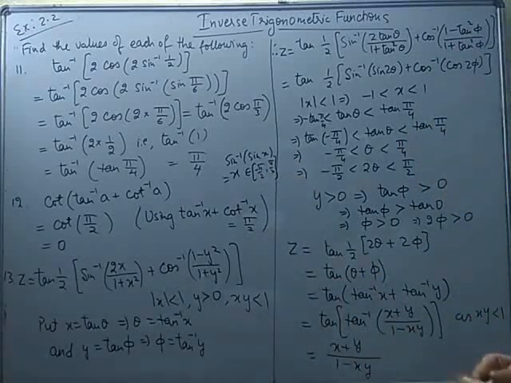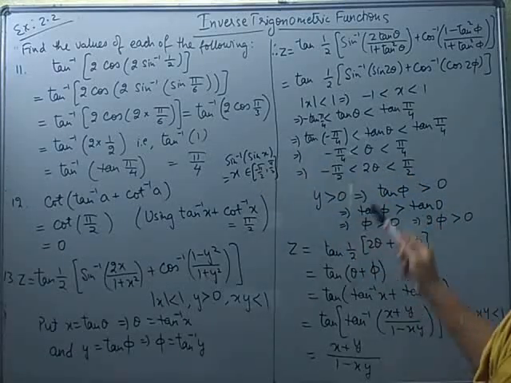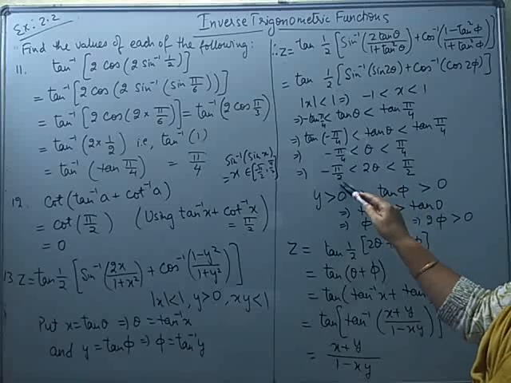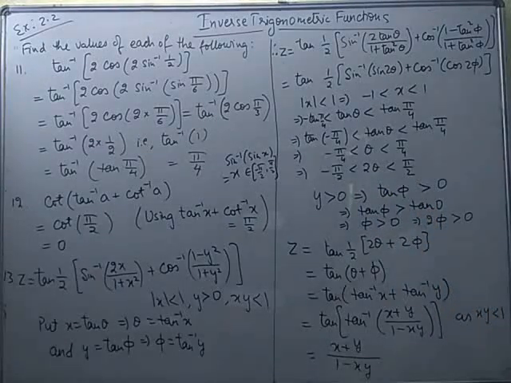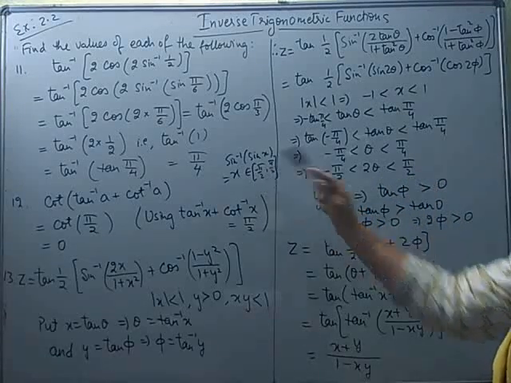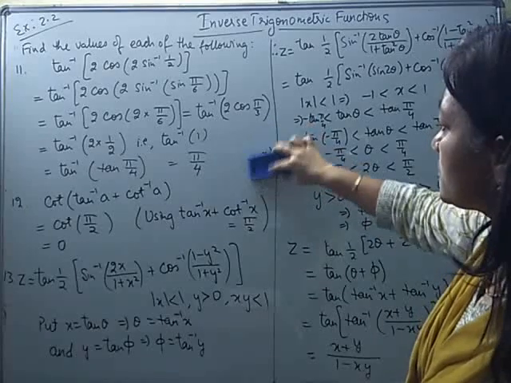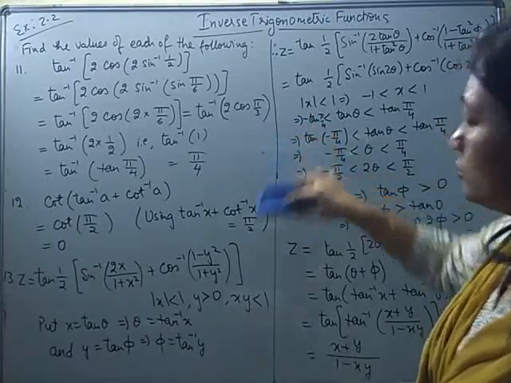So you have to only cross check. Is your angle satisfying this condition or not? Our angle lies in the open interval minus pi by 2 to pi by 2. So it is taking all those values which are already lying in this interval. Okay. So you can replace sine inverse sine 2 theta by simply 2 theta.